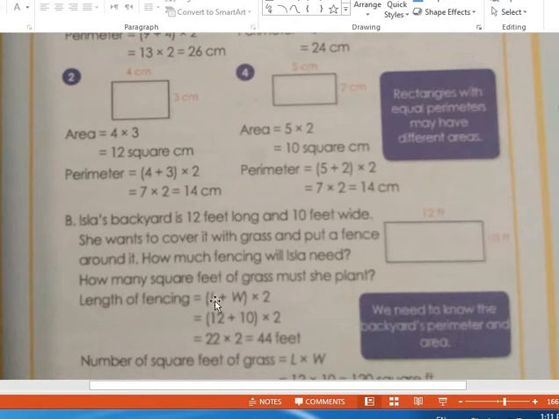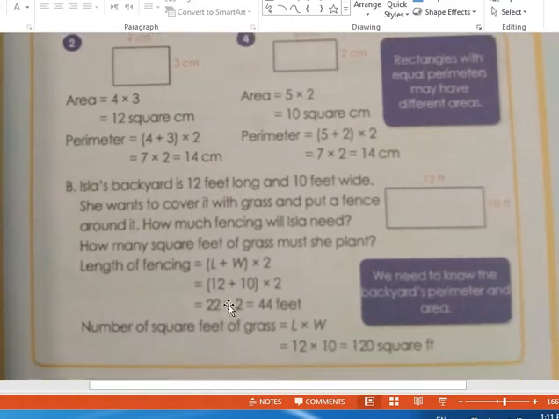The perimeter will be length plus width, all times 2: 12 plus 10 plus 12 plus 10. The outside length of the fencing she wants to put.